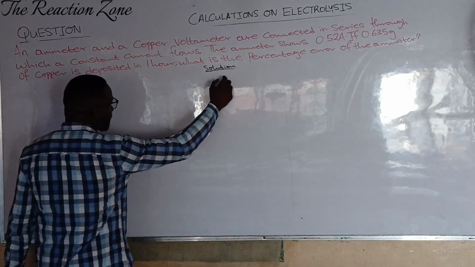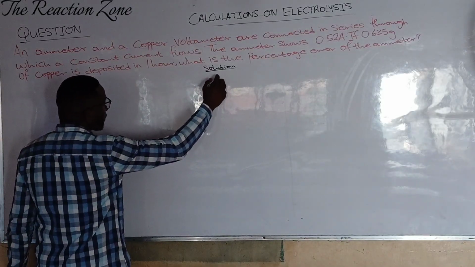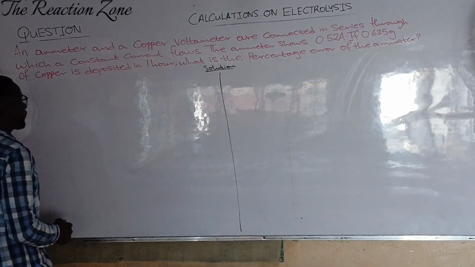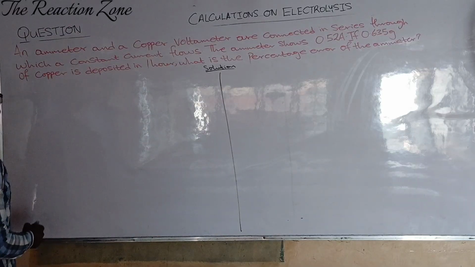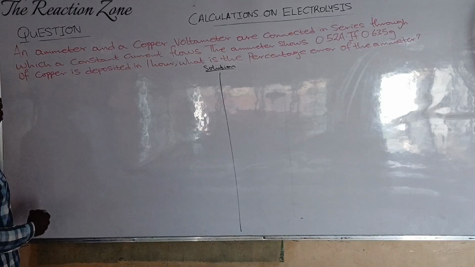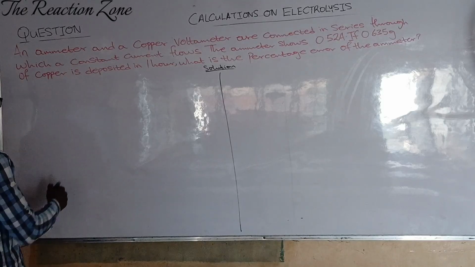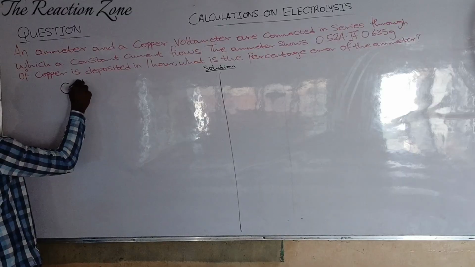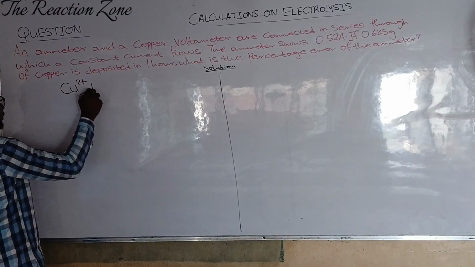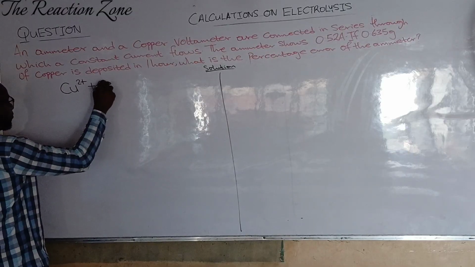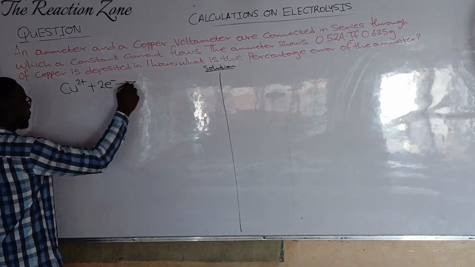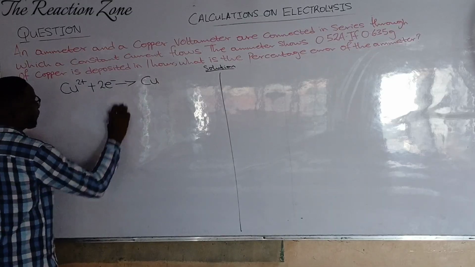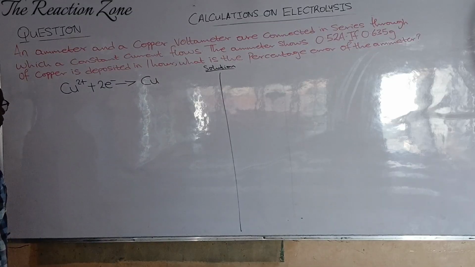So, the first thing to write is the equation that shows the deposition of copper at the cathode. Now, copper ions or Cu2+ ions are divalent, and they will undergo reduction by accepting 2 electrons to give 1 mole of copper or 1 copper atom.